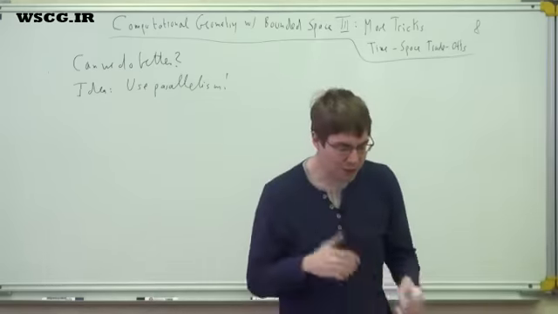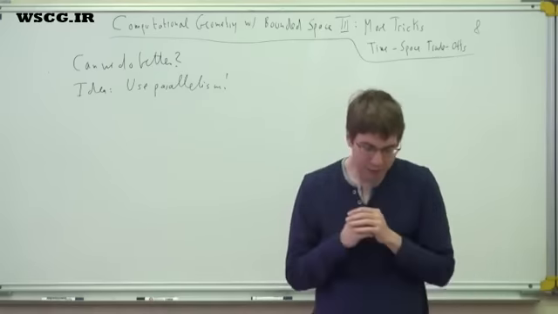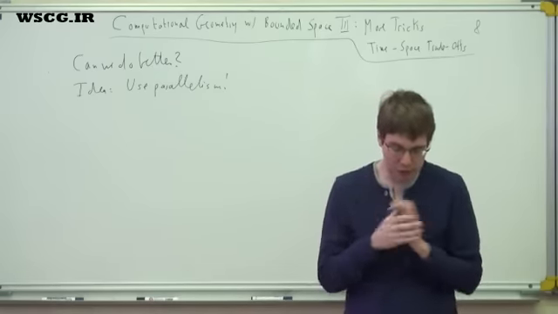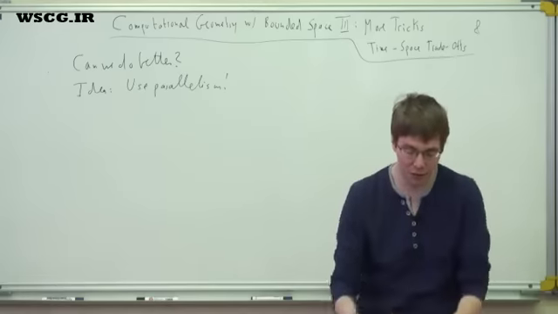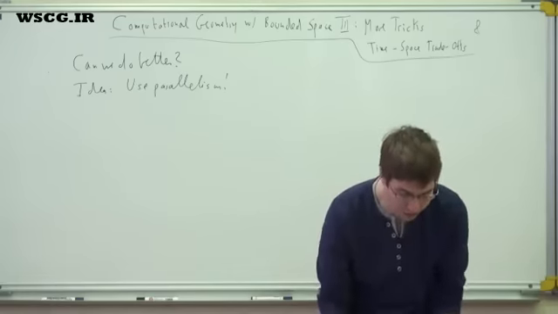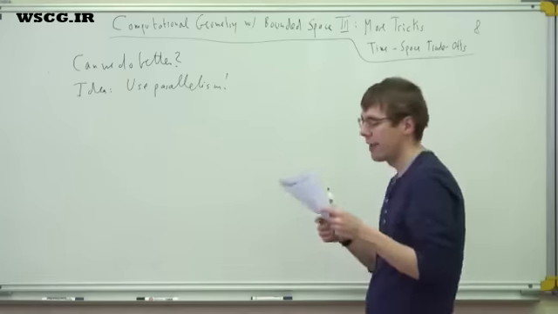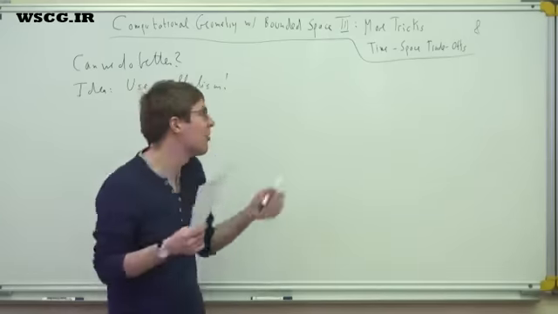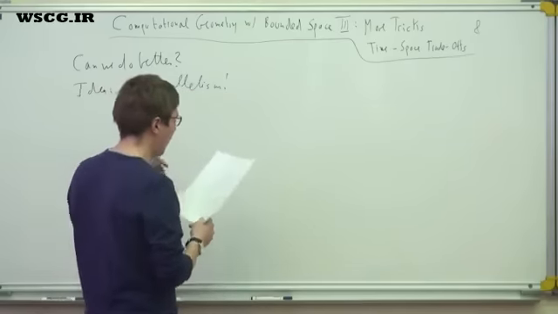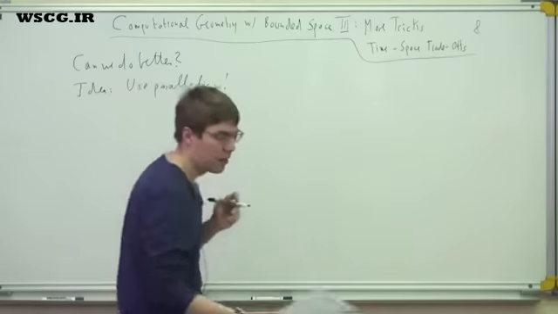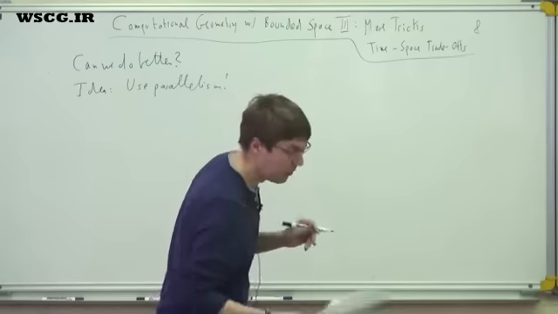This parallel mindset helps you to improve a lot of algorithms and to come up with some nice ideas. So let's see a simple idea of how parallelism can help us. What exactly do I mean by this? What does parallelism help in finding a better algorithm? Let's see.